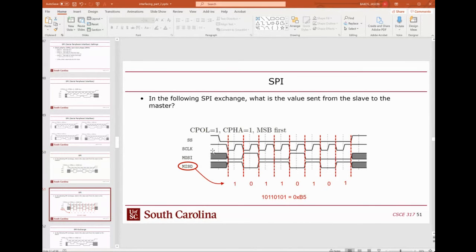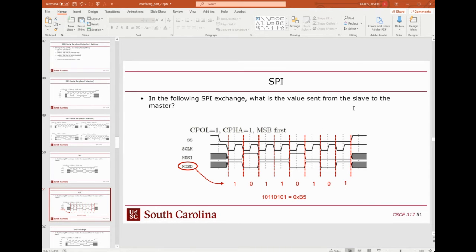Okay, so reading data from SPI. This is a little tricky. I don't personally like this part because it's tricky to figure out where these bits are. So how do you do this?